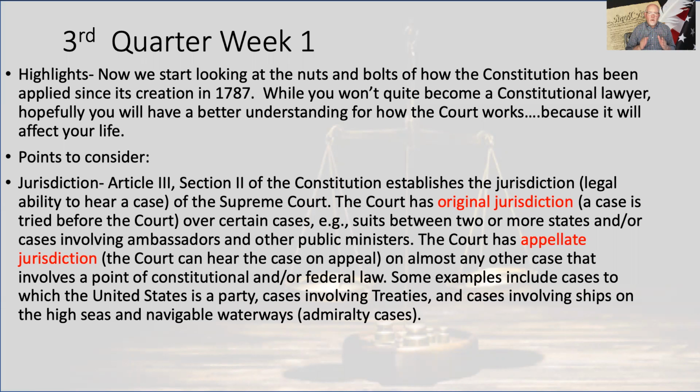The court has original jurisdiction, meaning a case is tried directly before the Supreme Court, over certain cases. And there's a little bit of a laundry list there. I think the most important one in our day is that the Supreme Court can have original jurisdiction over suits between two or more states. This is very important. And also cases involving ambassadors or other public ministers.